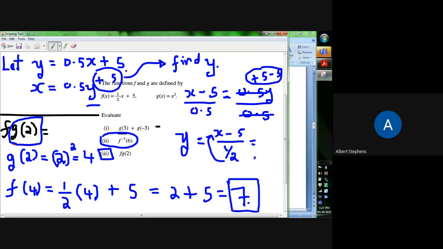So we end up with 2 open bracket x minus 5. For example, if you have 3 divided by a half, that's actually 6. The 2 just goes up there, so shortcut, 2 times 3 is 6.